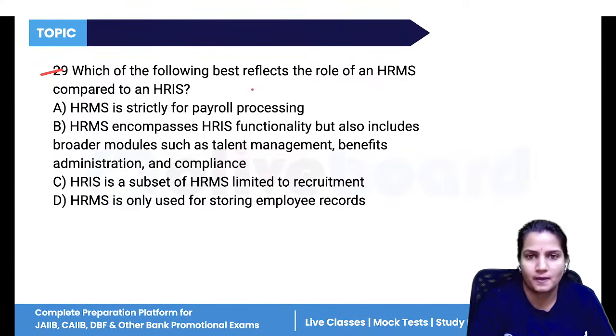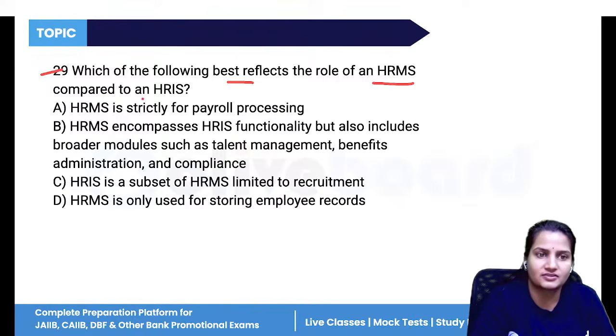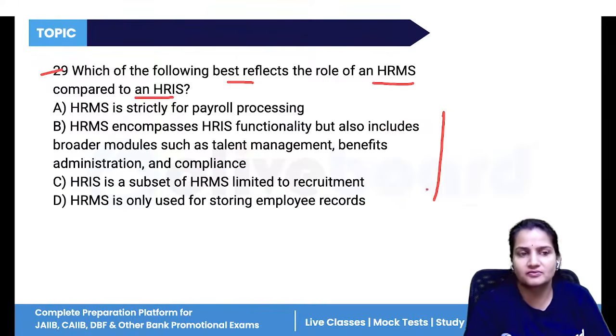Now, next, HRMS and HRIS. What is the difference between these two?